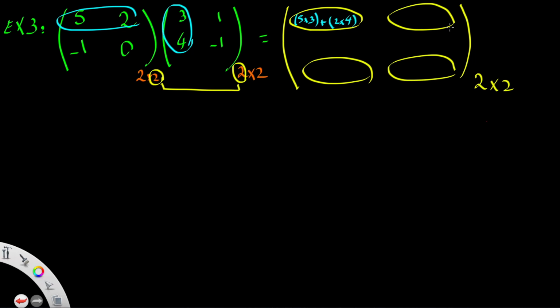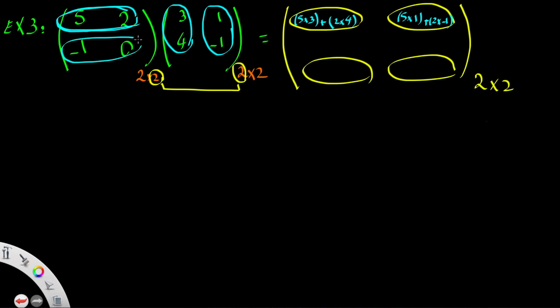Now here it is located in the first row, second column. Again, first row, but it is to be multiplied by the second column. So it will be 5 by 1 plus 2 times negative 1. Now, this is located in the second row, first column.